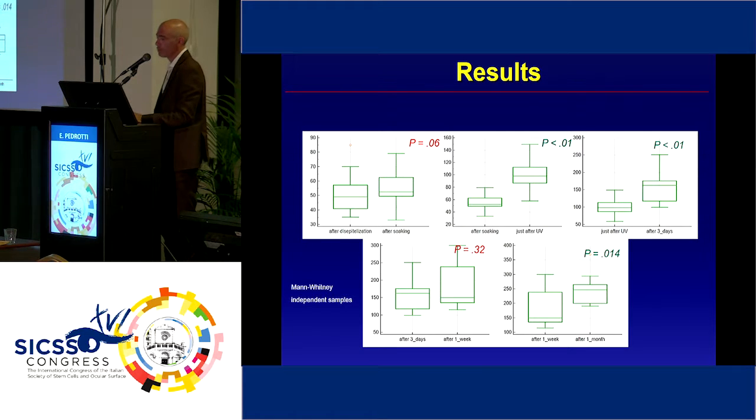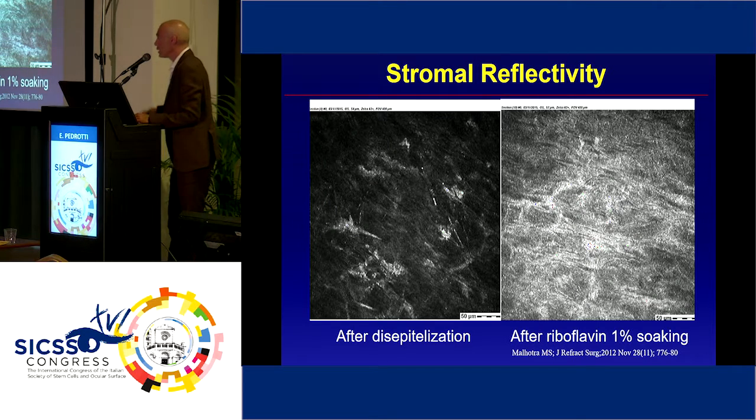These are the results. We have keratocyte apoptosis that is statistically significant right from desepithelialization and from UVA radiation. And at 1 month, this shows the progression of keratocyte apoptosis and increase in the depth of cross-linked stroma in the month that follows treatment.